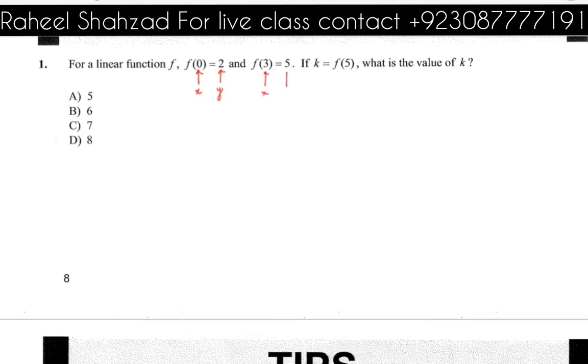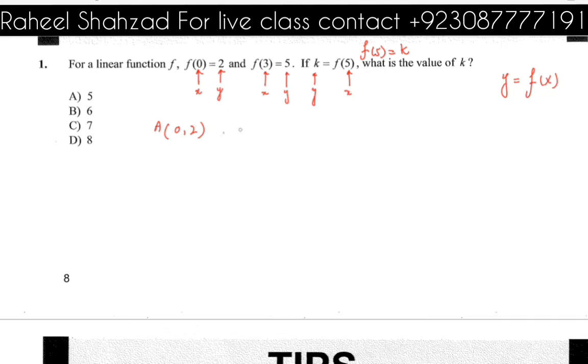This is x, this is always y. Like it is given that f of 5 is equal to k. Always remember that y is always expressed as f of x. So the ordered pair would always be x and y. So what it is, 0 and 2.